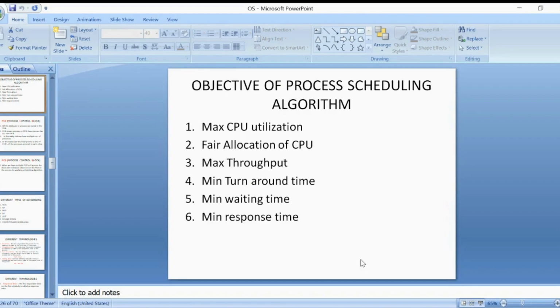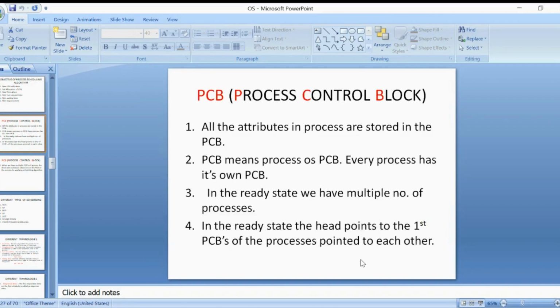The period of time in which a working item is waiting for further processing is called the waiting time. Now coming to the last one, that is minimum response time. The time taken to transmit the inquiry, process it by the computer and transmit the response back to the terminal is called the response time.